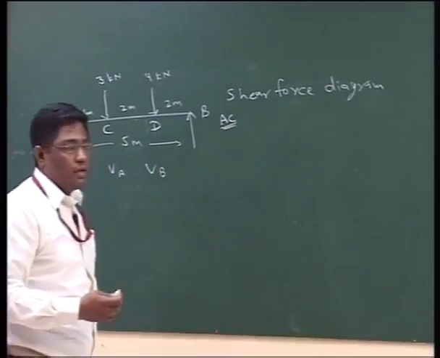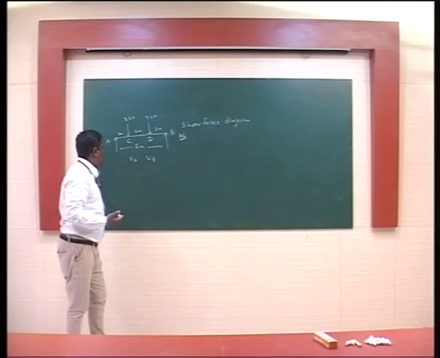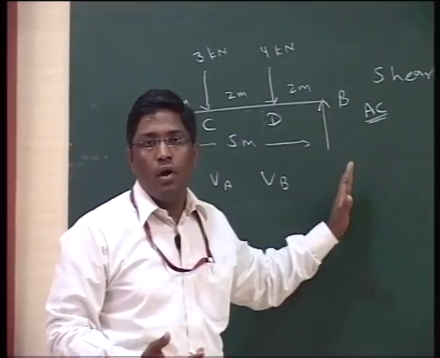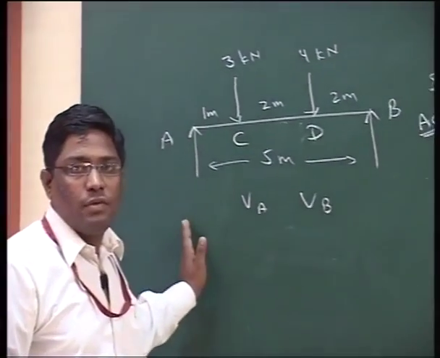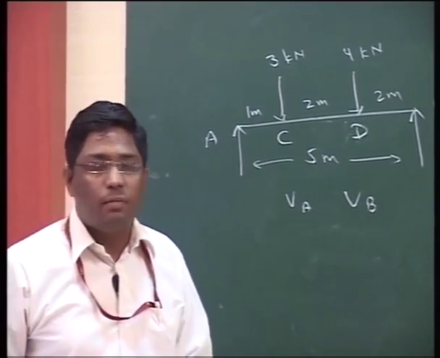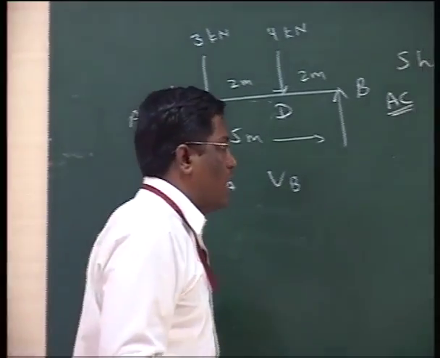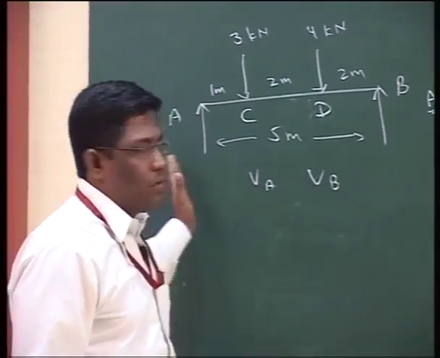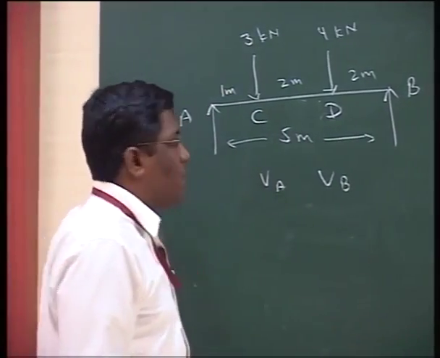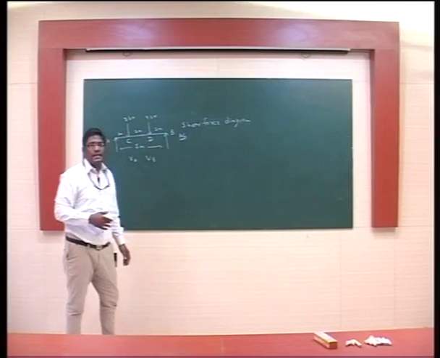Now as I told you earlier, it is completely up to the student whether to go from the left side to the right side of the beam or from right to left, because the analysis for both cases will be identical, and the value at the point will be the same. Generally, for a simply supported beam, we go from left to right. Now we have the first portion AC.